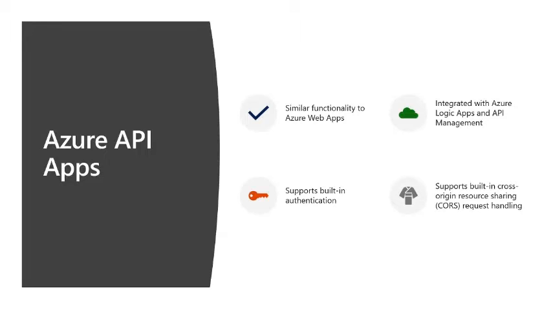API apps also support direct integration with other Azure services such as Logic Apps and API Management. So similar functionalities to Azure Web Apps, integrated with Azure Logic Apps and API Management, with built-in support for authentication and authorization, and built-in cross-origin resource sharing, request handling.